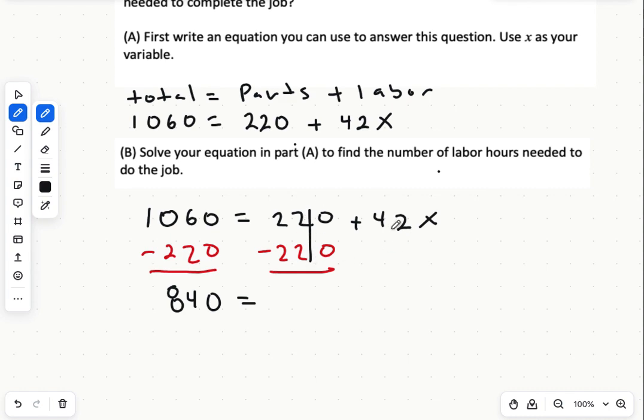And then that cancels, and we're left with 42x on this side. Now we can divide out the 42 because it's multiplying the x, so to undo that we would divide. Throwing that in the calculator, it looks like we get 20 hours would equal x. And that wraps up 1.1 and 1.2.